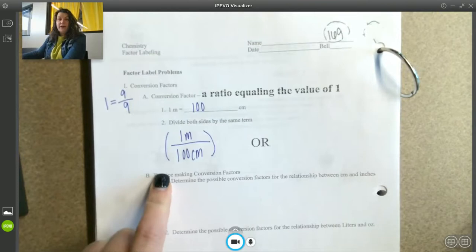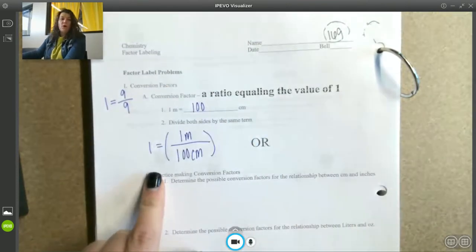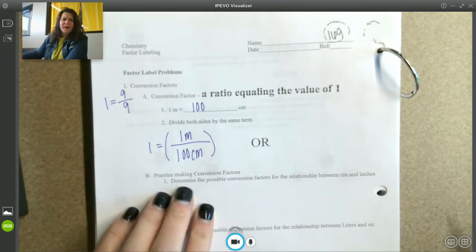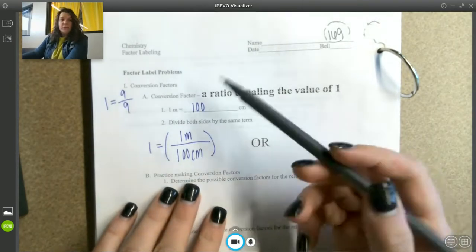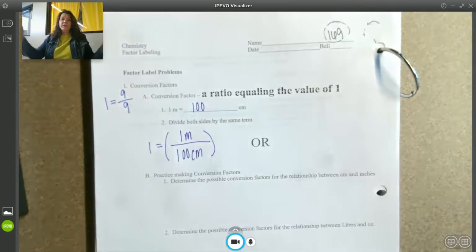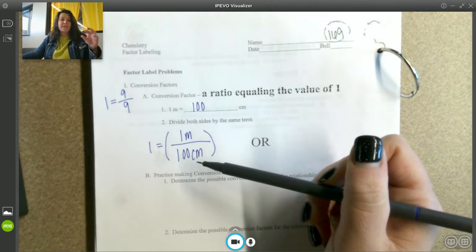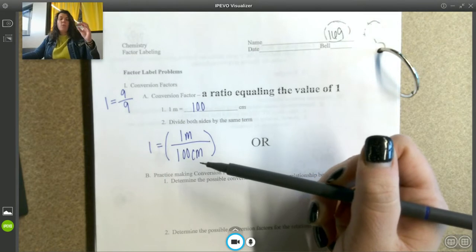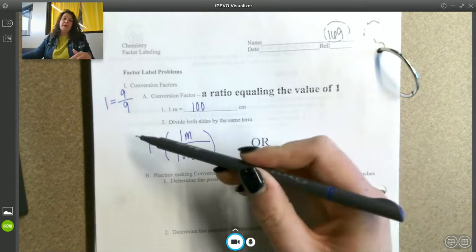Just like 9 divided by 9, this is going to be equal to 1, right? You're like, Mr., I'm dividing by 100, how is it 1? Well, the reason is that if I have a 1 meter stick, that meter stick contains 100 centimeters inside of it. So 1 meter divided by 100 centimeters is equal to 1.